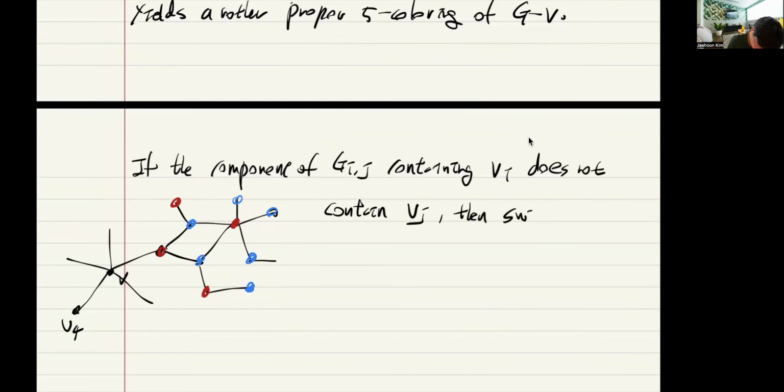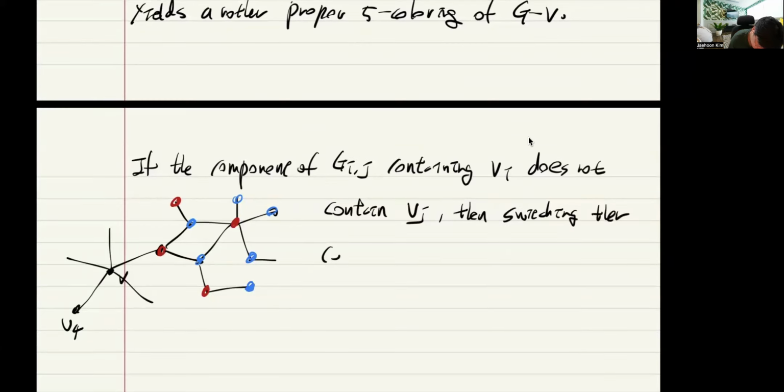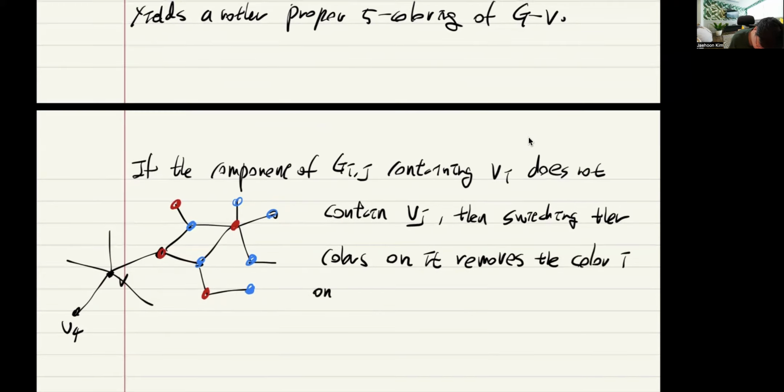Then we switch the colors i and j on this component, which removes the color i from the neighbors of v.